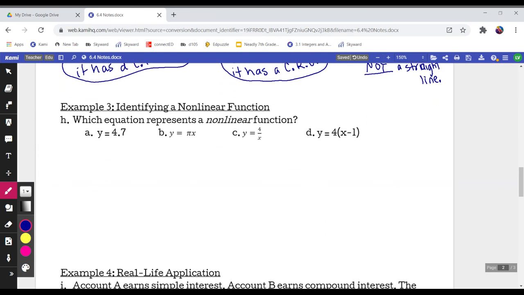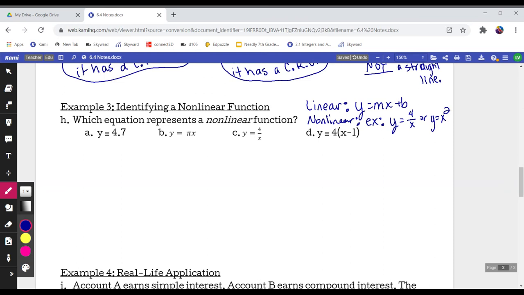So example 3 of identifying a nonlinear function is by looking at equations. If it is linear, it's written in the form y equals mx plus b. Nonlinear examples are anything where the variable is in the denominator, so y equals 4 divided by x, or there's an exponent, so y equals x squared.